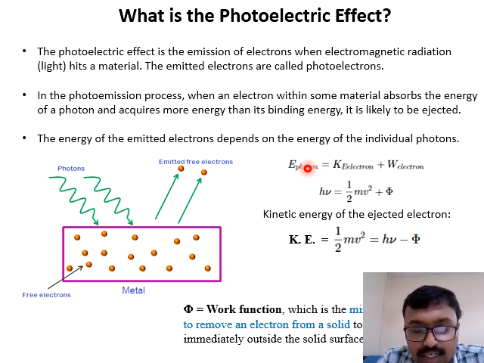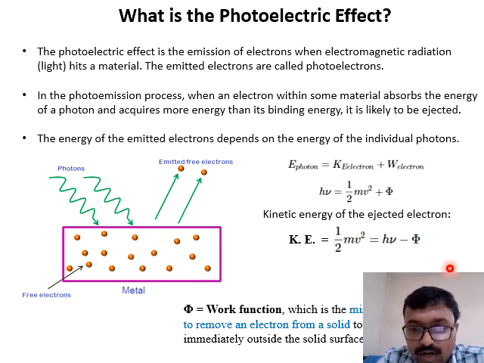So if the energy of incoming radiation is h nu, that h nu should be equal to the kinetic energy of the emitted electron plus the work function. What is work function? Work function is the minimum energy required to remove the electron from the metal surface.